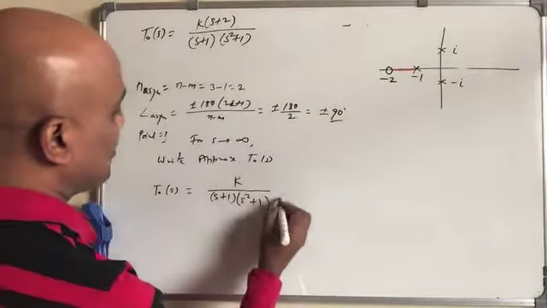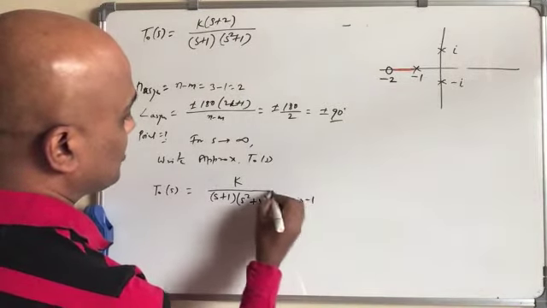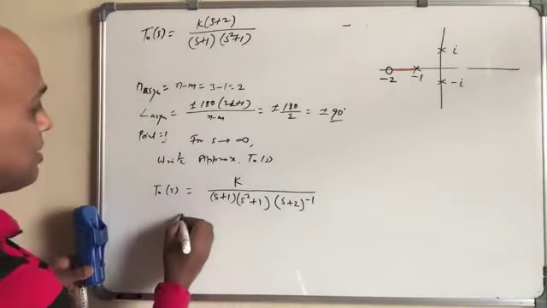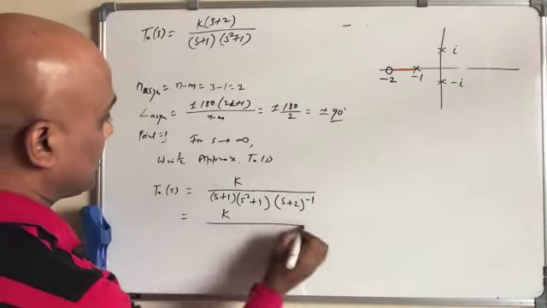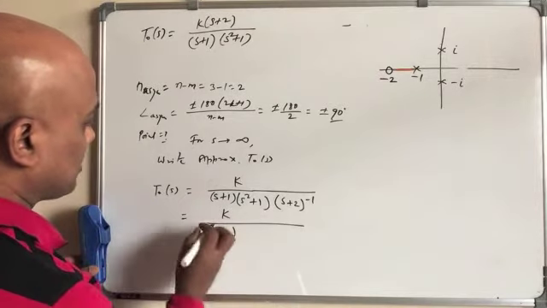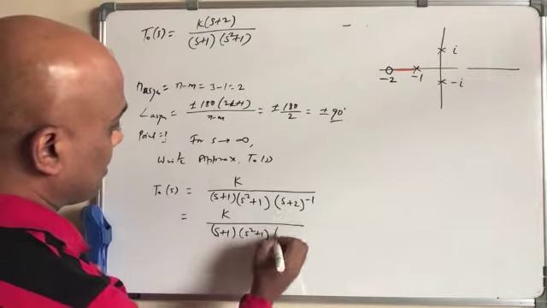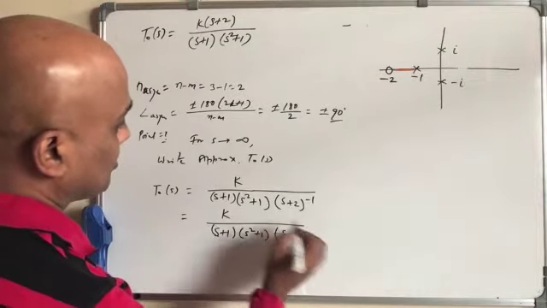This we bring it down, so we make s plus 2 minus 1, or you can write it like this: k times s plus 1, s square plus 1, multiplied by s minus 2, like this.